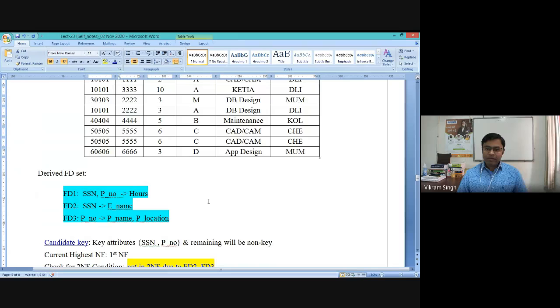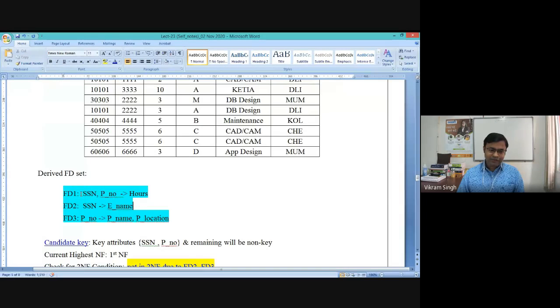So between these two sets, key and non-key, there should be no partial dependency. So what does partial dependency mean? Let's check which FD does not follow this condition, right?